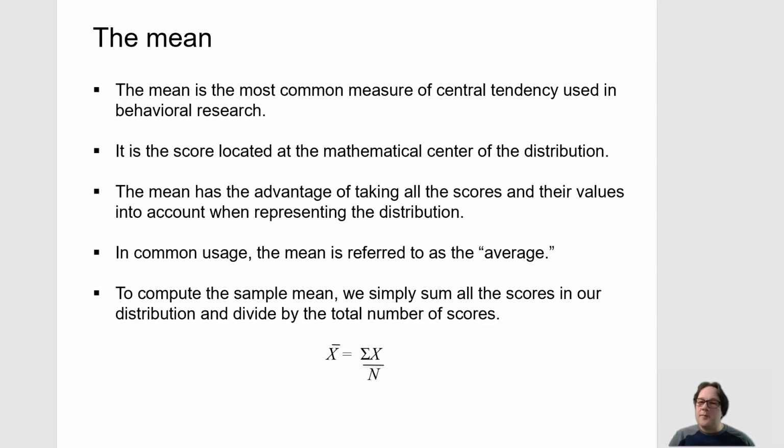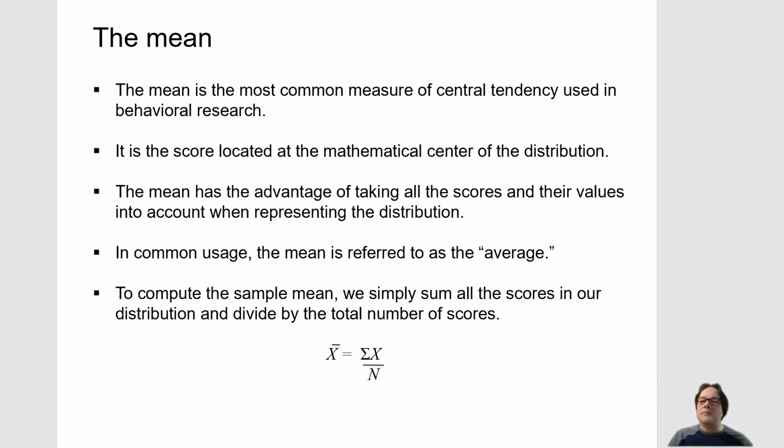When we start talking about the normal distribution, and once we start running some z-tests a couple weeks from now, we'll be dealing with a population mean, and that actually has a different symbol associated with it, something called mu, the Greek letter mu. But for now, let's just focus on what the mean is and how to calculate it.